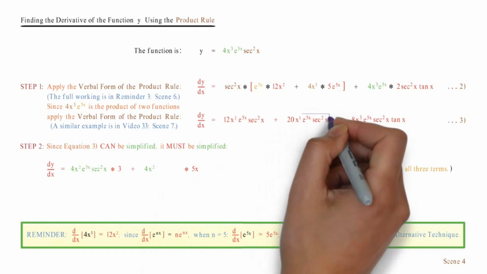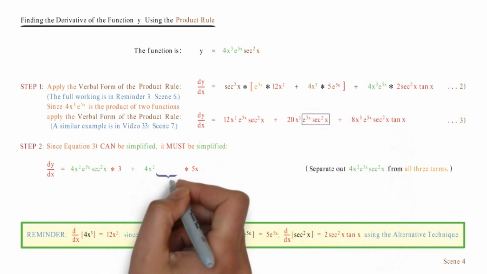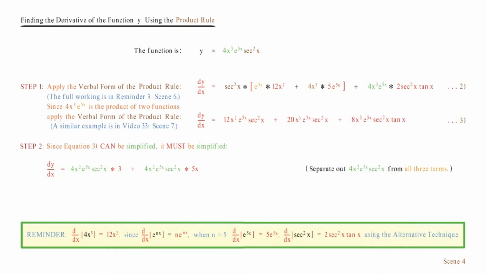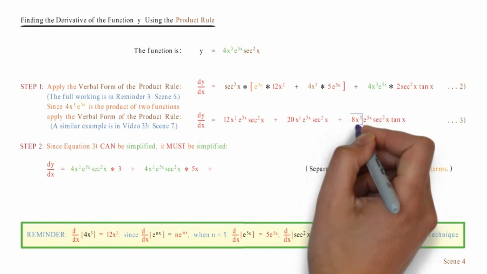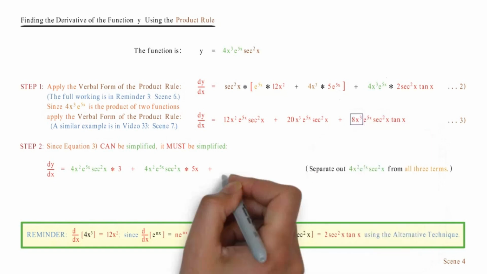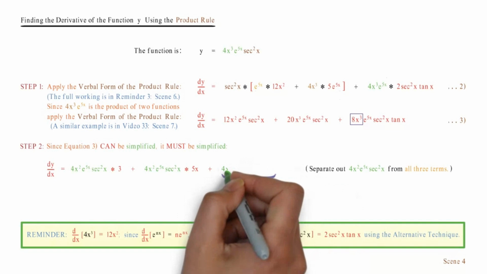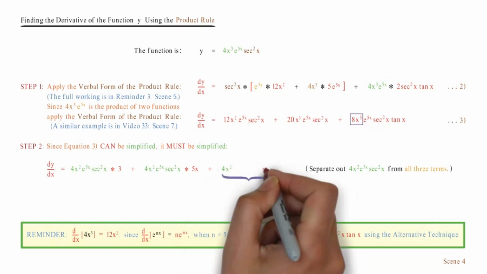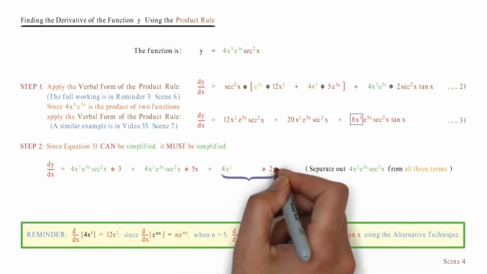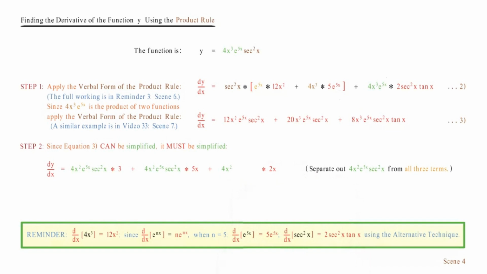Bring this expression down. Plus is plus. Bring 8x cubed down as 4x squared times 2x. Bring this expression down.